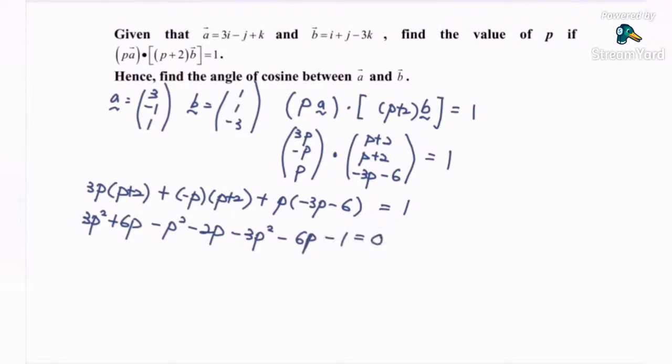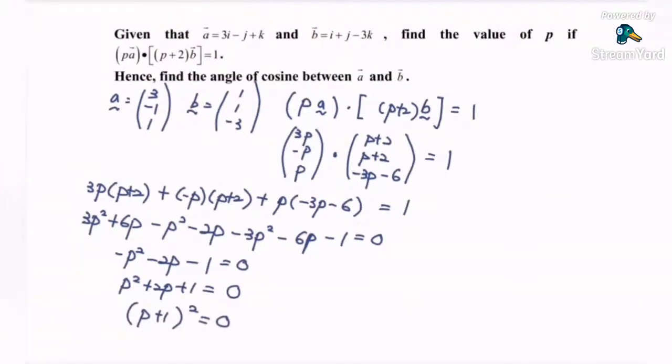Simplify the situation. So here we will have negative P squared negative 2P minus 1 equals to 0. So finally, P squared plus 2P plus 1 equals to 0. Kindly factorize the situation where we have P plus 1 bracket square equals to 0. And we will have P is equals to negative 1.